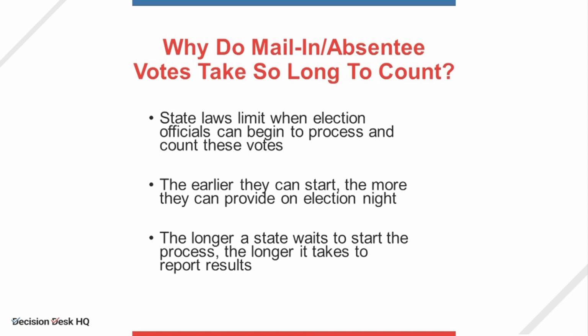And they actually wound up extending that for another week for some reason. And that's why you saw the delays there. So that rule that every state has is really important. It's really important to know that and understand that's going to give you a really good indication of what kind of numbers you'll be able to see out of a specific state on election night and in the days following.